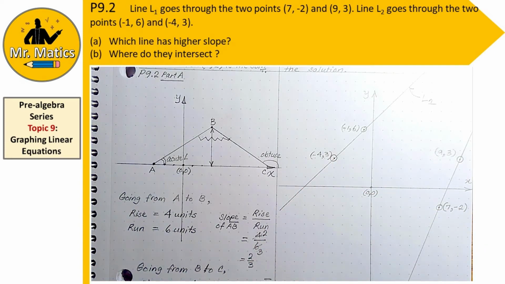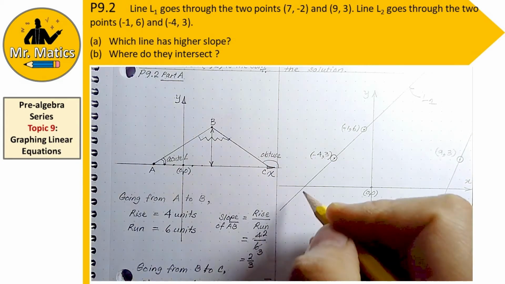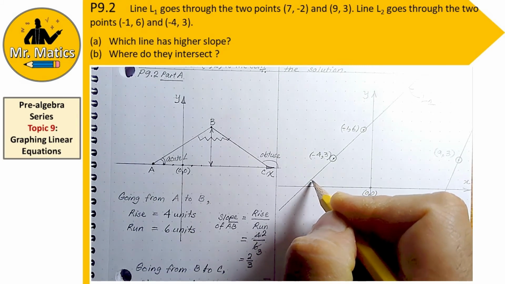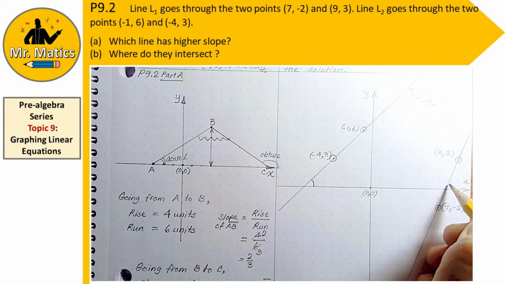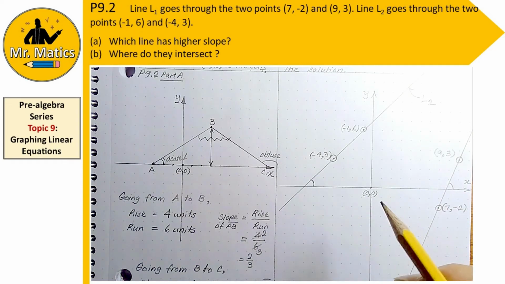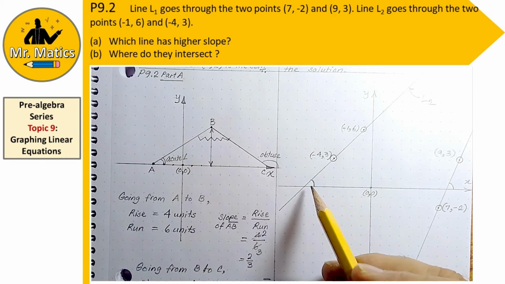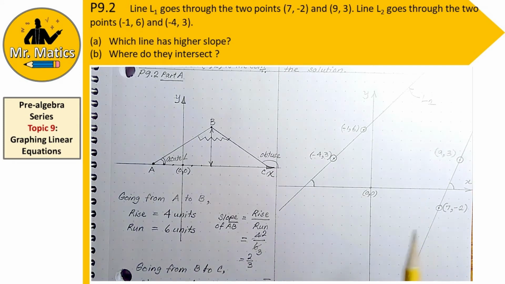So which angle do you think has a higher slope? The slope, as I mentioned, this is the slope angle, and the value of slope is rise divided by run. So this is easy to see that this angle is higher.